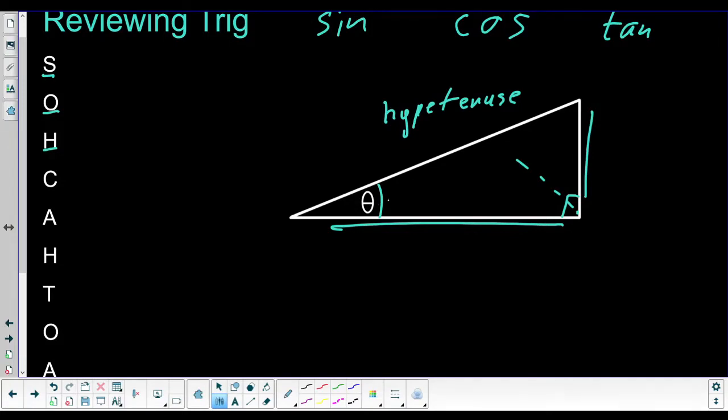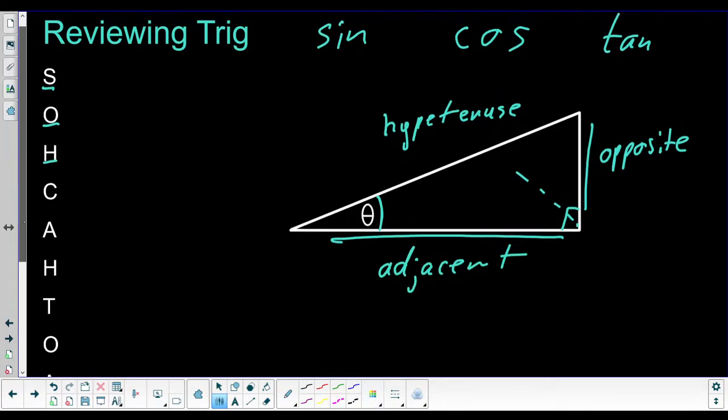If we look at the leg of the triangle that is farthest from the angle we're interested in, we refer to this as the opposite side, because it's on the opposite side of the triangle from our angle. And this side here that helps make the angle with the hypotenuse is our adjacent side.